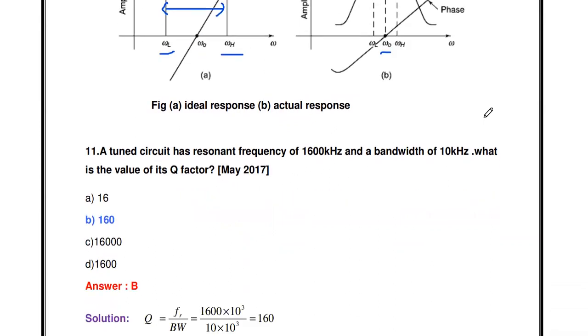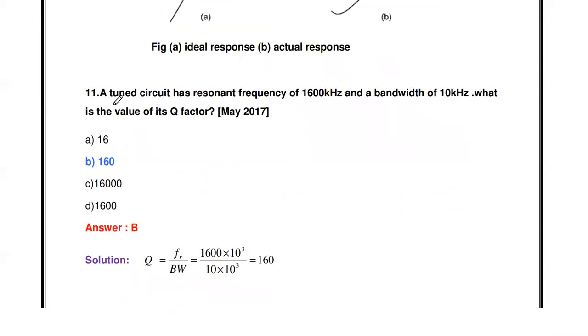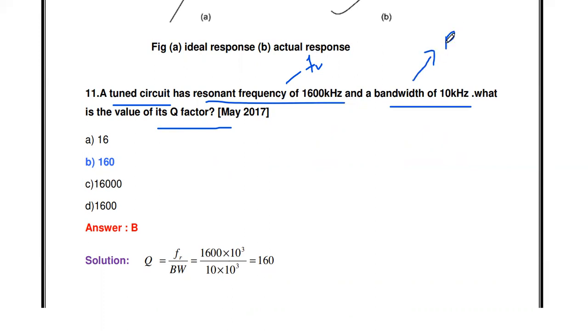Okay. Then the next one, two more questions. A tuned circuit has a resonant frequency of 1600 kilohertz and a bandwidth of 10 kilohertz. What is the value of quality factor? The given data: resonant frequency FR is 1600 kilohertz, and bandwidth BW is equal to 10 kilohertz.